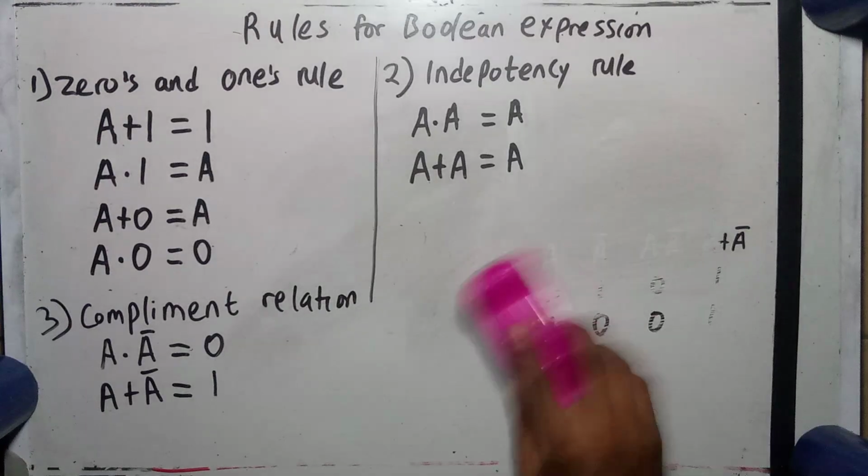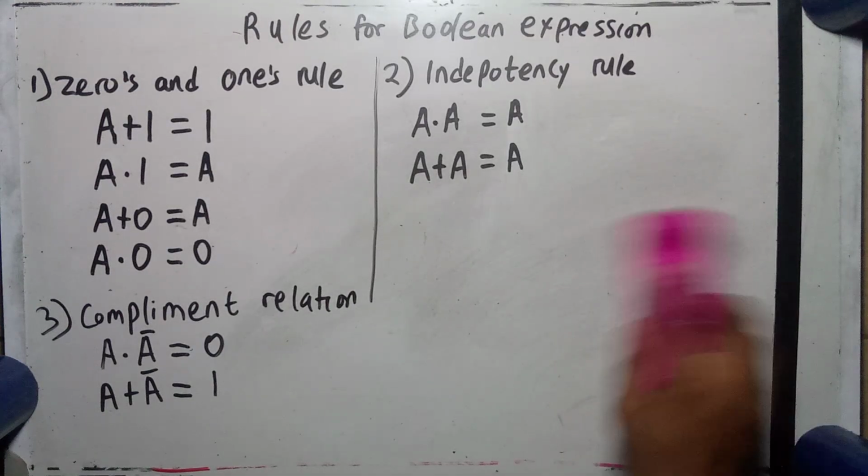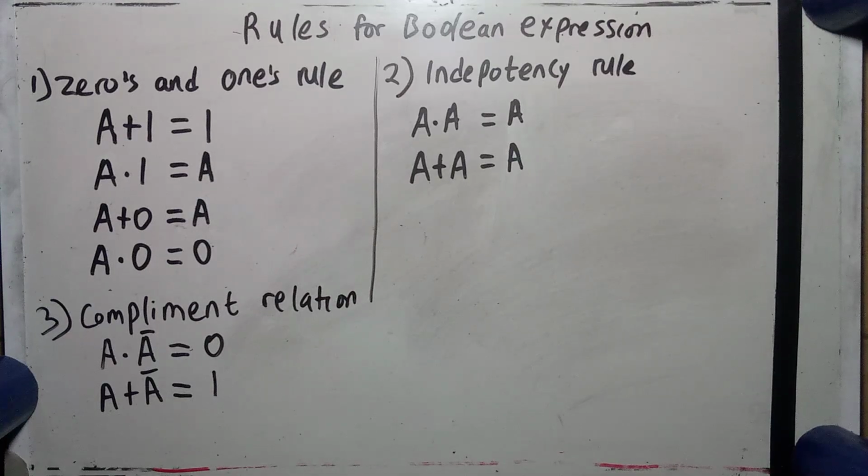So the sum of a logic variable and its complement will give us 1. Now, so far we have been treating the easy ones. Now let us go a step forward.